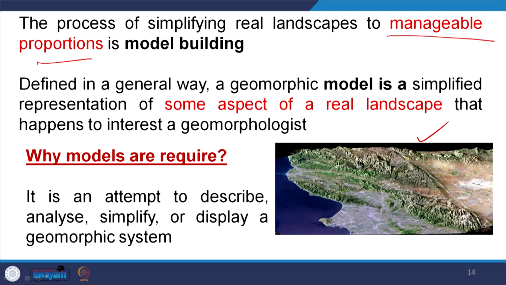When we show the fault, here the oceans, here the continents, and different sub faults and hill slopes are arranged, all those things are there. So, what is in the real landscape, all those components should be reflected in our model. Simply, it is this model, a manageable proportion of this area, which represents the San Andreas fault.